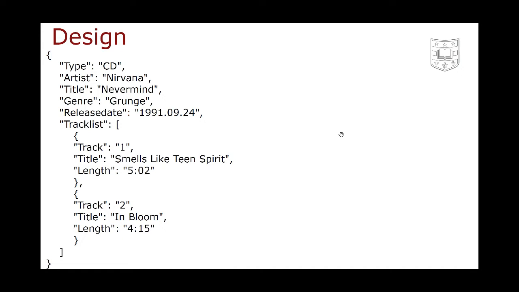There's another thing worth thinking about as well. What if I don't care about the album? I just want to access the tracks, the songs. If they're embedded within the albums, I have to go through the albums to get there, right? That's an additional layer that I have to sort through to find what I'm looking for.